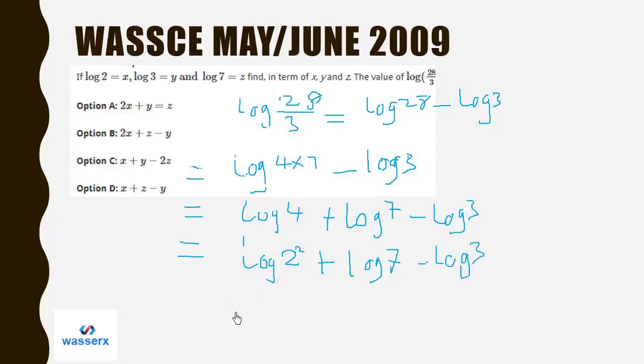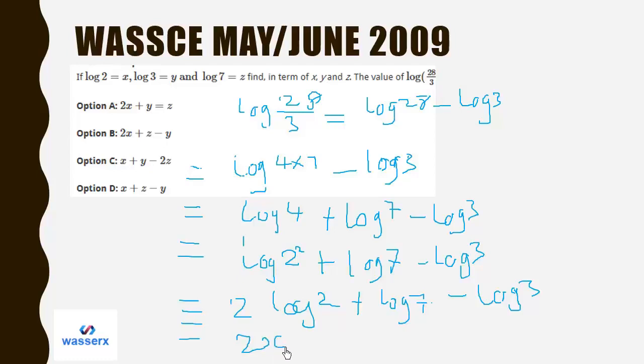So we apply the exponent law again, which tells us that the exponent will multiply the whole logarithm, plus we have log 7 then minus log 3. So now we can do the substitution. Whenever we see log 2, we put x, so this will give us 2x plus log 7 is z, then minus y log 3. So the result is 2x plus z minus y.